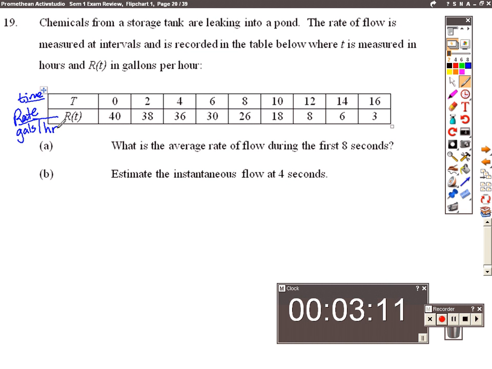The average rate of flow. Okay, this problem, I remember, has a flaw in it. And the reason it does, they're asking us for the average rate of flow, but they're already giving us a rate right here. So let's get rid of problem number 19. I'll try to remember to tell you to get rid of it before you actually look at it. But every year we come across this, and every year I forget to tell you that number 19 has some issues.